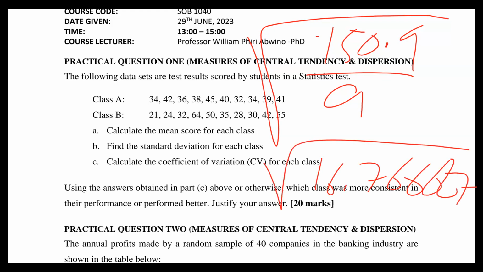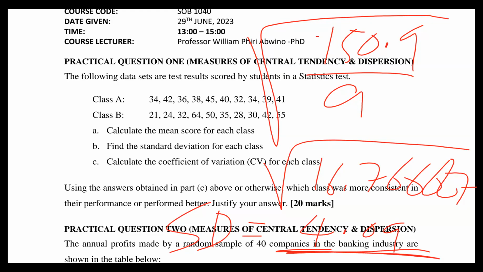Then you square root the answer. The square root of the answer is 4.09 as the standard deviation. Did you get it? Okay. All right, people got this one.